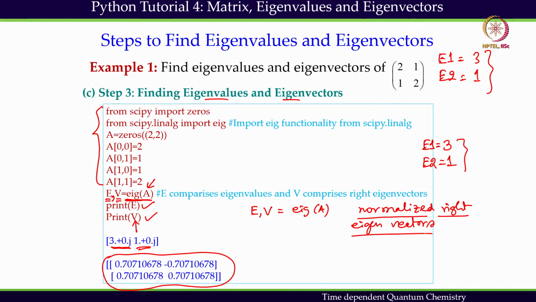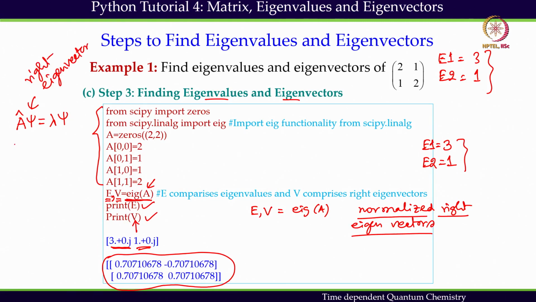So, right eigenvectors, what does it mean? I have an operator acting on psi, I get an eigenvalue multiplied by the eigenfunction, the eigenvector. So, this is called the right eigenvector.